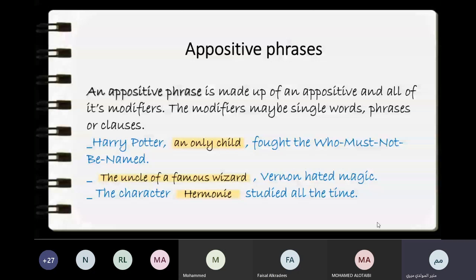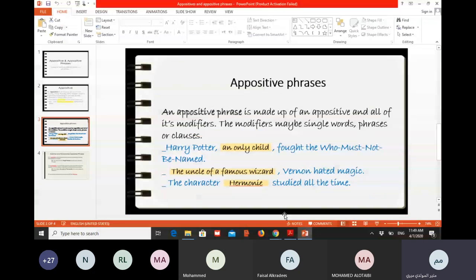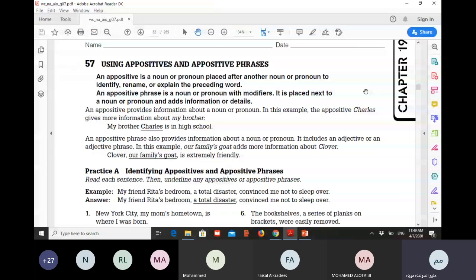Okay, let's go back now to the activity book. In order to reinforce our understanding of the whole matter, I need a volunteer to read. Me, teacher. Who is it? Hamza. Abdullah.